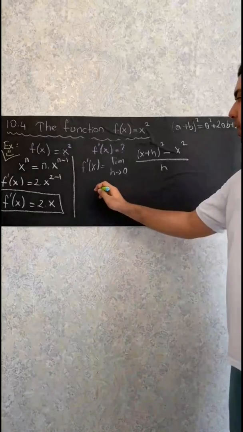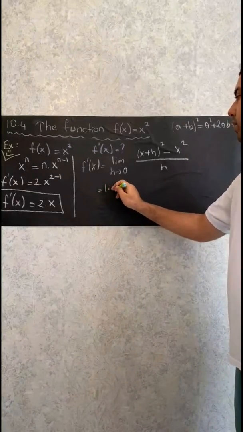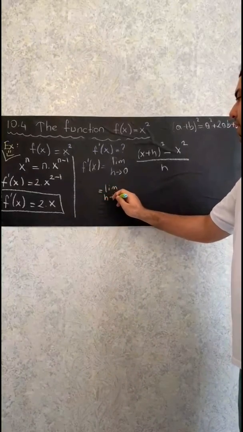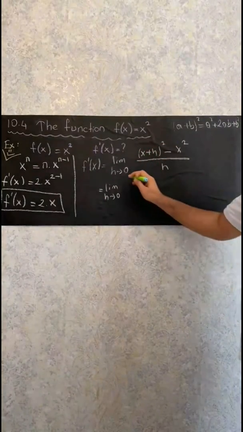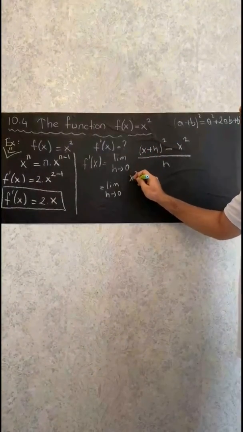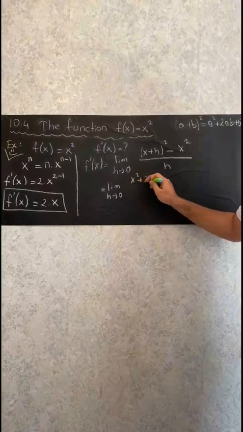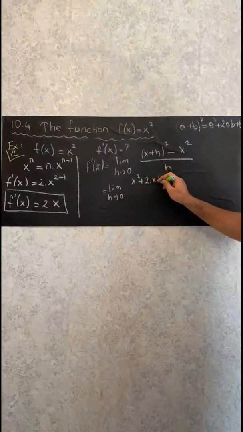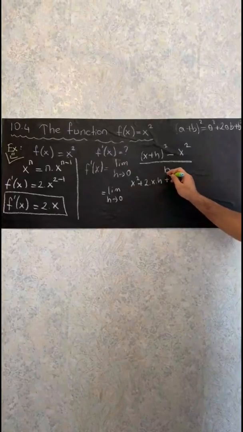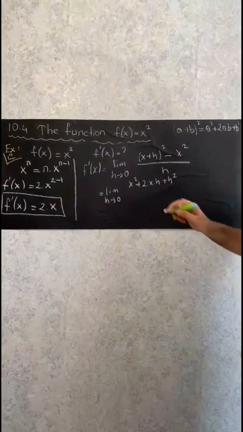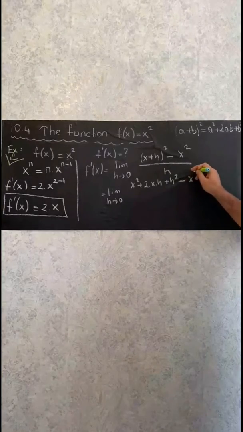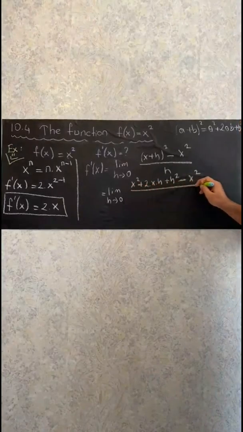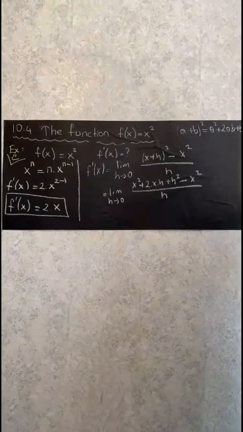So calculate the limit as h approaches 0 of x plus h squared, which is first number squared plus 2 times first number times second number plus second number squared, and minus x squared, over h.